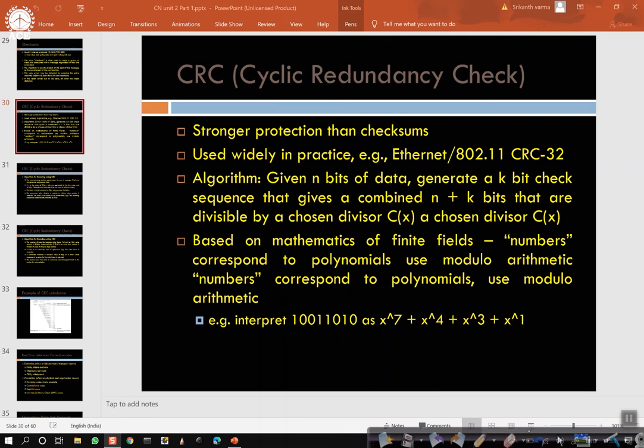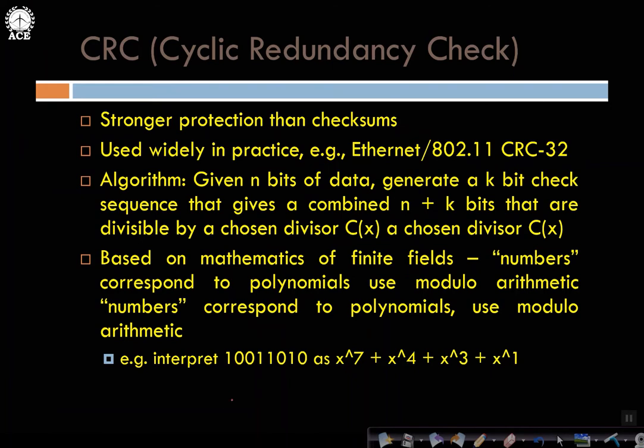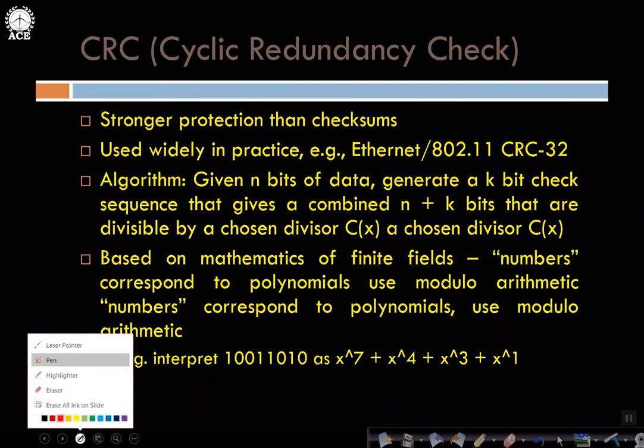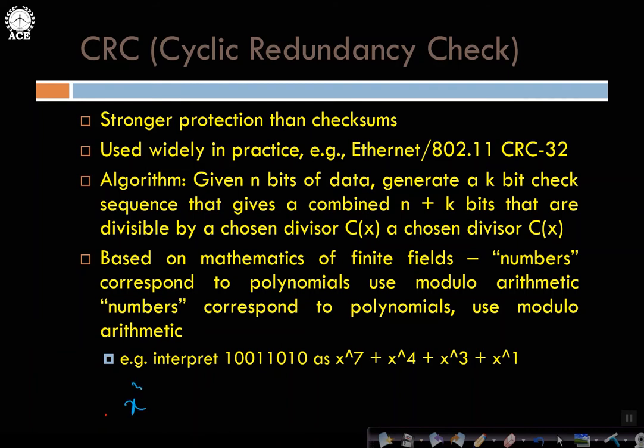So I was telling you, that polynomial, I will rewrite again. If I write a polynomial like x cube plus x plus 1, what is this? This is a polynomial of degree 3.